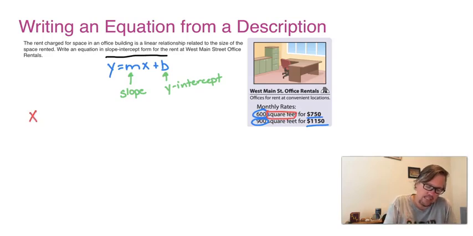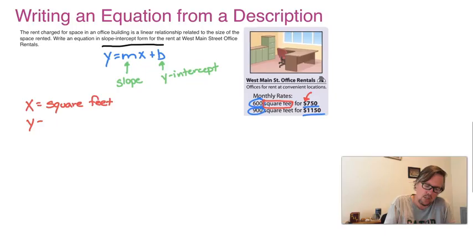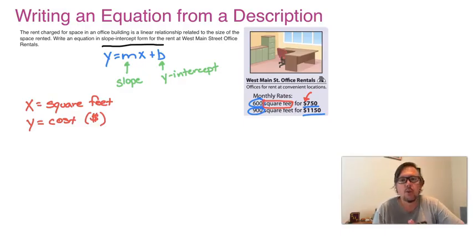So let's say x is going to be the number of square feet. And then the other variable is going to be right there, dollars. So we're going to say the cost in dollars. Okay, so square feet and dollars.